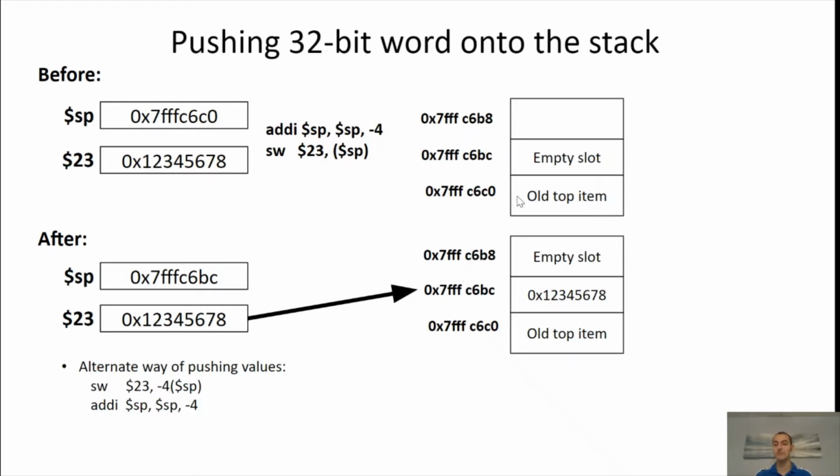There is some data here, and that is the element that is at the top of the stack. You could say it's basically the last element that we have added. Not necessarily true, but you can think of it like that. So the stack pointer is pointing at this point.